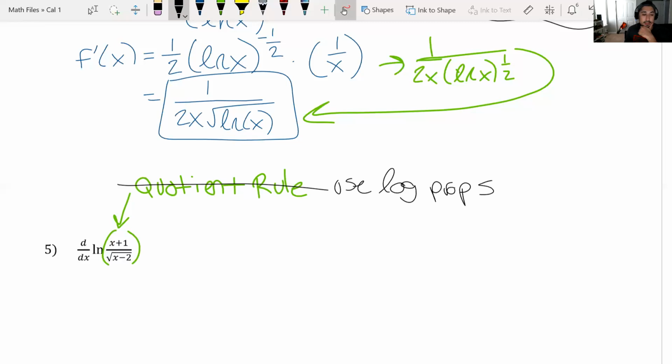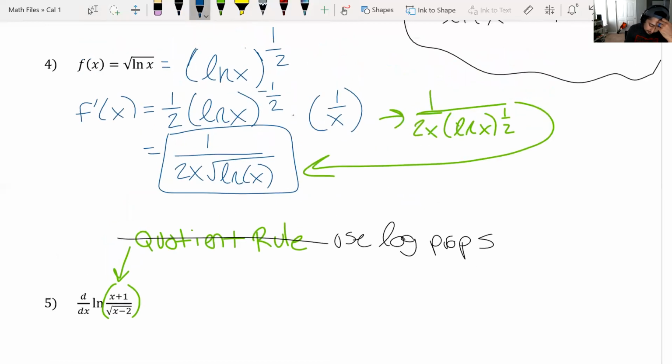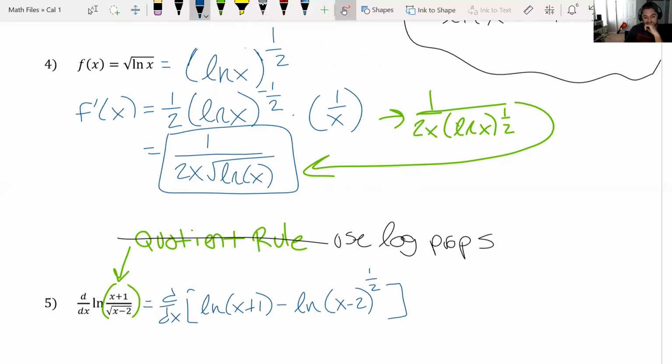If we use log properties, you can actually expand this to d over dx, put a bracket to be neat, the natural log of x plus 1 minus the natural log of x minus 2 to the 1/2, close bracket.